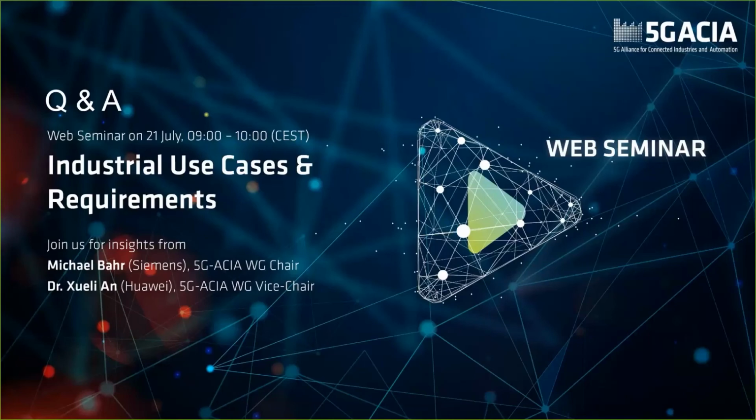Maybe I can add a little bit here from the industrial point of view. If you want to achieve high reliability in wireless communication, you need to decrease your interference as much as possible. And this, of course, is best done if you have a licensed spectrum. For just operating your factory, which is bound to a certain place in your country, it's not necessary to have a national license in order to achieve this.